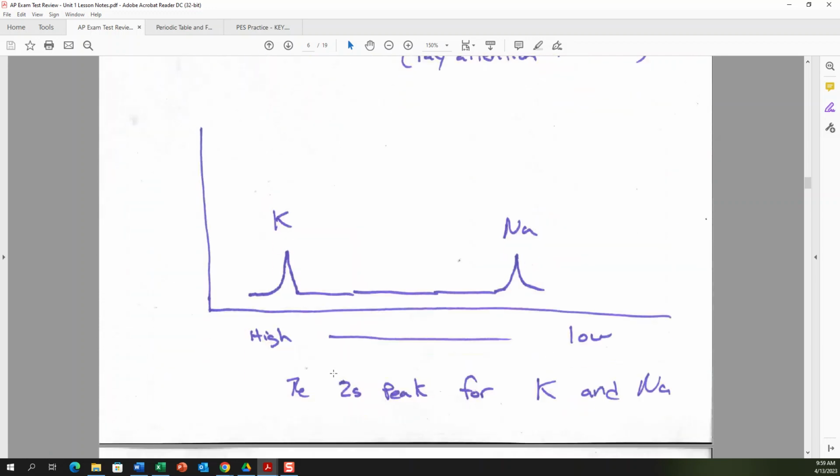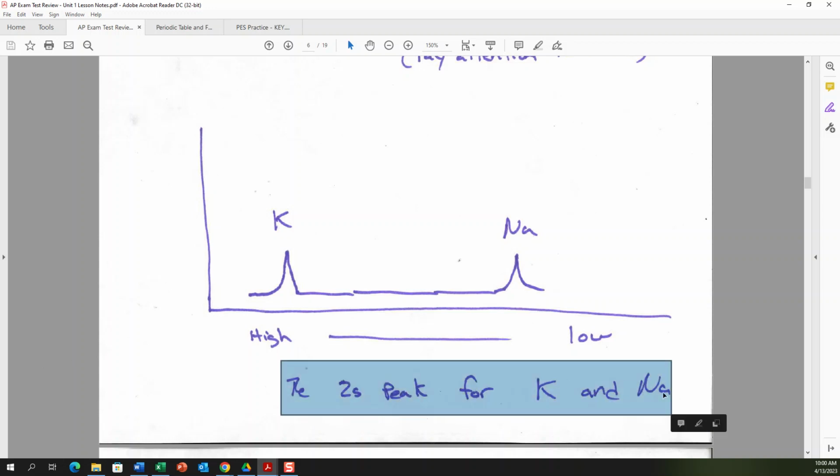Now you also have PES where they don't give you a full spectrum, but they give you peaks for different elements. And basically you have to know which element would have the higher binding energy. So notice this is saying these are the 2s peaks for potassium and sodium. So these aren't valence electron peaks for neither potassium or sodium, right?